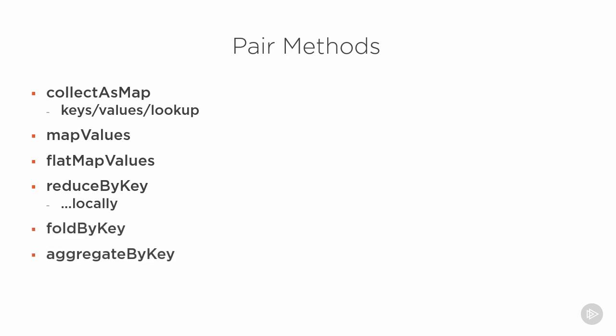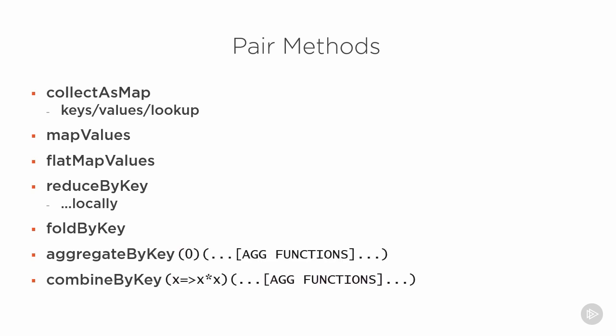The next 2 methods, foldByKey and aggregateByKey, follow suit, in that they're the same as their counterpart, except as transformations instead of actions. And all of these aggregation methods are implemented via the combineByKey method, which we have not seen. However, it's nearly identical to aggregateByKey.